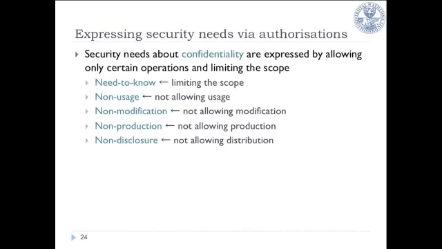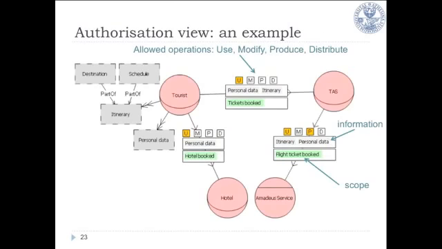So anytime we define a scope, and here I have to say that we could leave also the third slot empty, and in that case it means that the actor is allowing the other actor to perform operations for any scope, so it's not limited to a given goal scope.